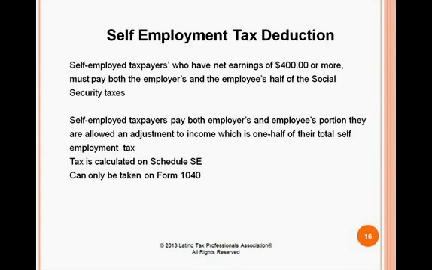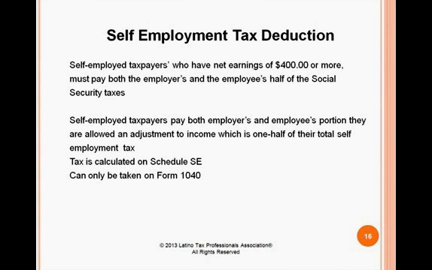There's also a line for self-employment tax deduction. Self-employed taxpayers who have net earnings of $400 or more must pay both the employee's and the employer's half of Social Security taxes. Therefore, self-employed taxpayers pay both portions. They are allowed an adjustment to income, which is 1/2 of their total self-employment tax.